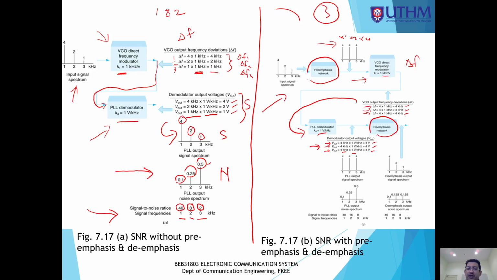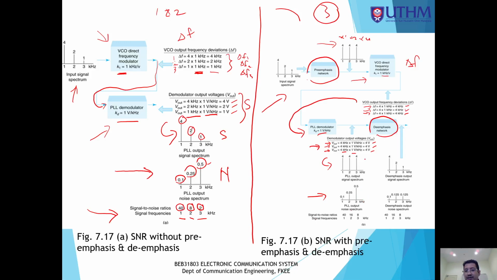If we draw the frequency spectrum, it will look like this: 4 volt at 1 kilo, 4 volt at 2 kilo, 4 volt at 3 kilo. At the PLL, there is noise introduced. The noise would be at 0.1, 0.25, and 0.5, at 3 different frequencies.